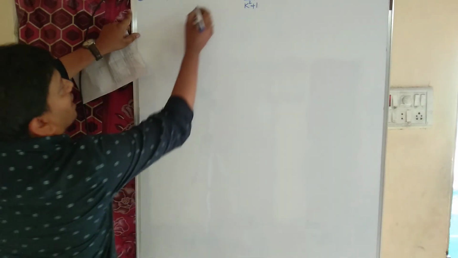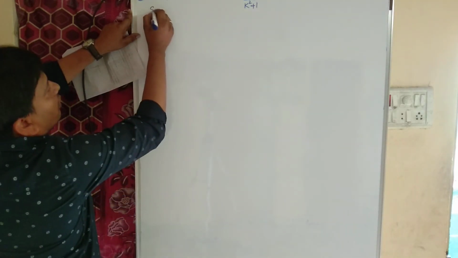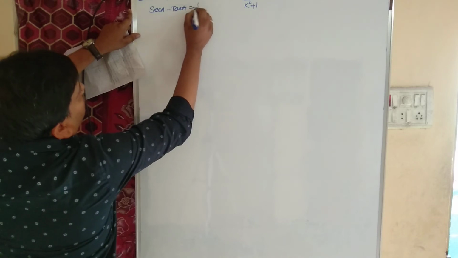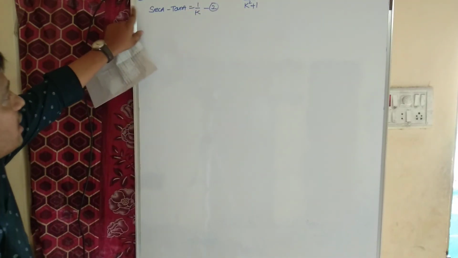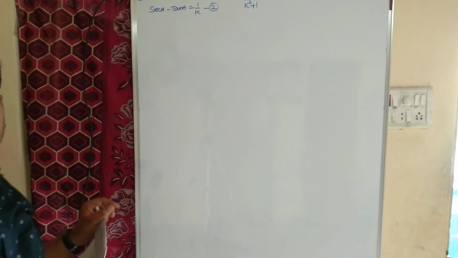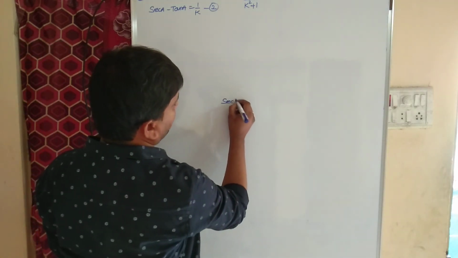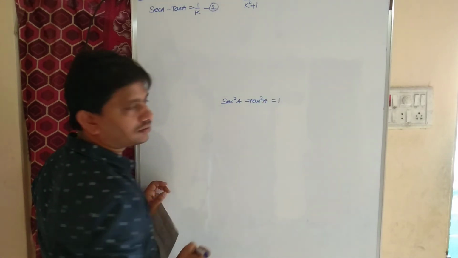If sec A plus tan A equals K, we call it equation number 1. Then what about sec A minus tan A, children? That implies 1 by K, which is our equation number 2. How did we get sec A minus tan A equals 1 by K? Children, we have the identity sec square A minus tan square A equals 1.